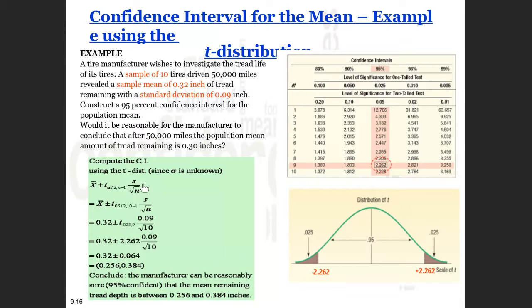Here 0.09 is our standard deviation, the square root of 10. Okay, when we look at the table, we end up with t 0.025, 9. Our t-score is 2.262 times 0.09 divided by the square root of 10.